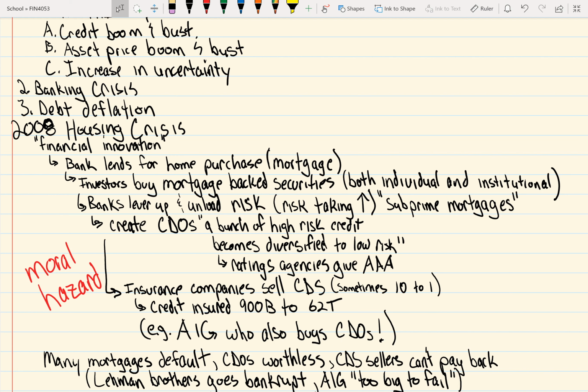The idea here is, if you are an investor and you buy a mortgage-backed security or a CDO, and you want to insure yourself in a similar way that you maybe want to insure your house if it burns down, you don't want to lose everything, you pay a fraction of what the CDO is worth to buy a CDS, or a credit default swap. Meaning, if these mortgages do fail, or they are unable to make their payments, then you have limited downside risk. You get essentially an insurance payout if that happens.